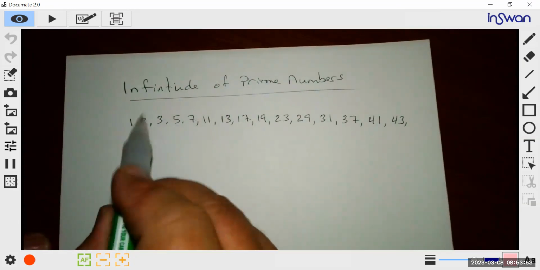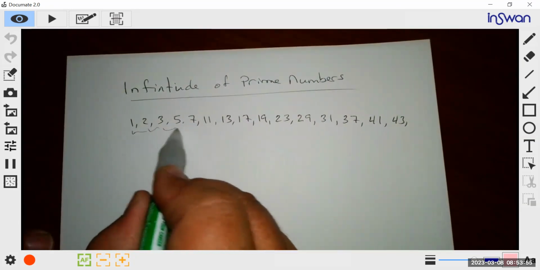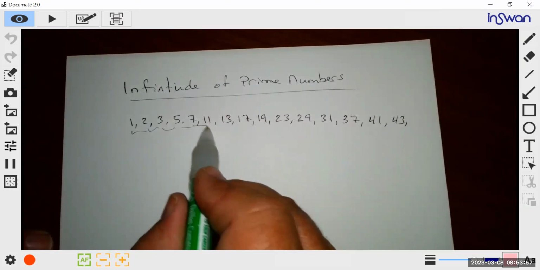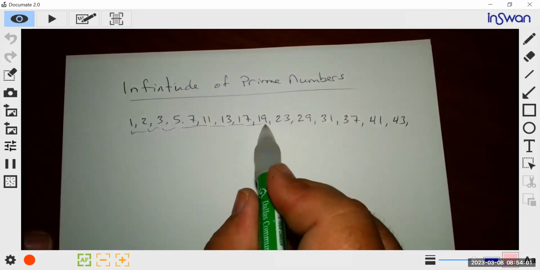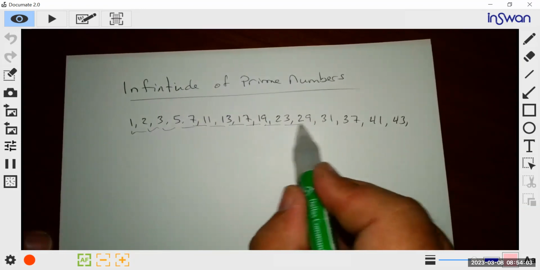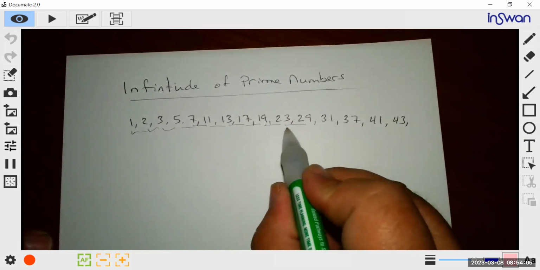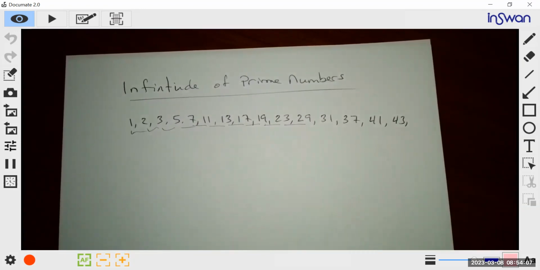But you see these are all pretty close together. This is 3 numbers apart, 2 apart, 4 apart, 2 apart, 4 apart, 6 apart. So between the next prime numbers, the gap gets bigger and bigger.